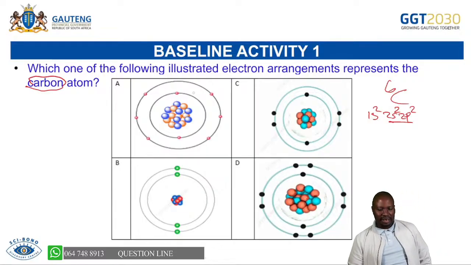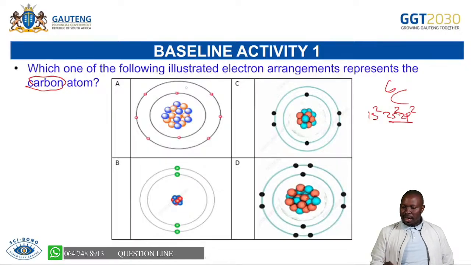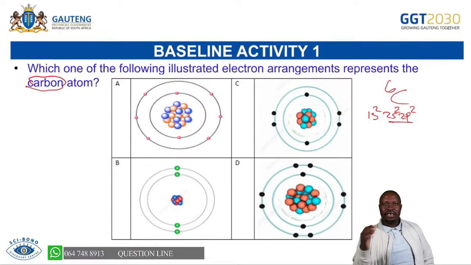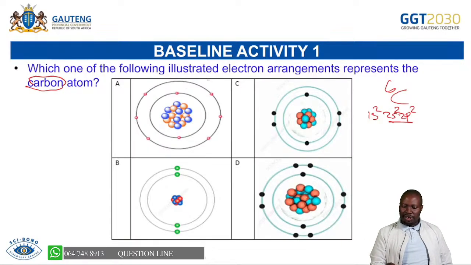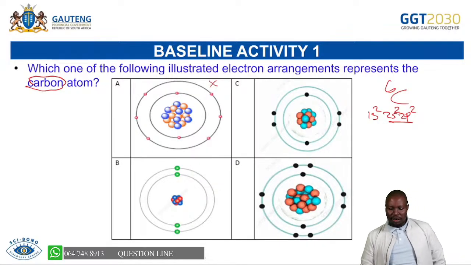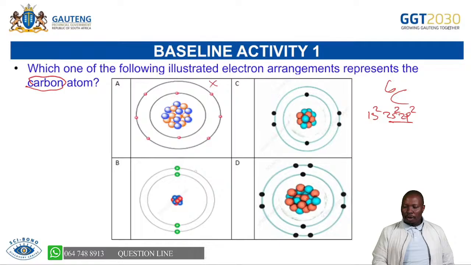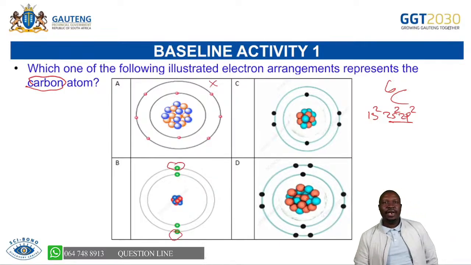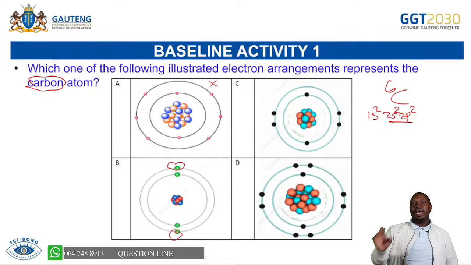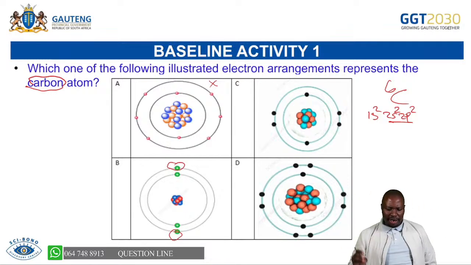So we refer to it as a distractor, because carbon does not have 6 electrons in the outermost energy level. That makes A not correct. Let's go to option B. It has 1, 2, 3, 4, but only 2 valence electrons. And for carbon, we are saying carbon has 4 valence electrons, or 4 electrons in the outermost energy level.